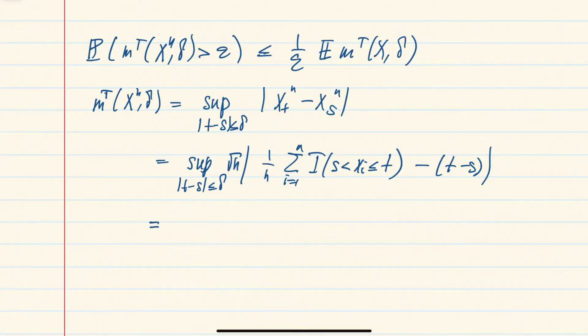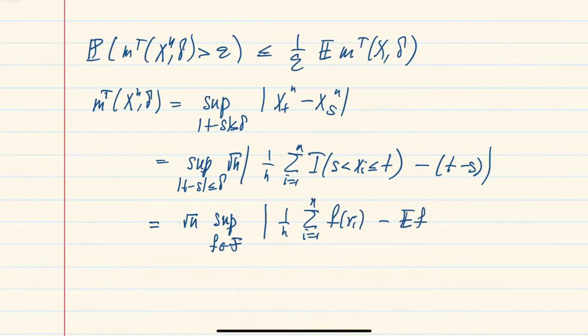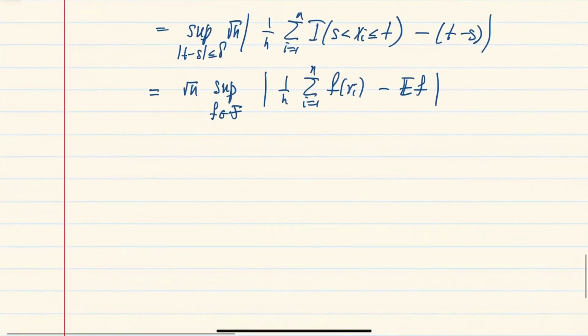And then before we start the main steps of the proof, let's simplify the notation for a second and call these indicators a function f. So this will be a supremum over all functions f of the average of f of x_i minus the expectation of f, where in this particular case the class of functions that we are looking at are just the above indicators.